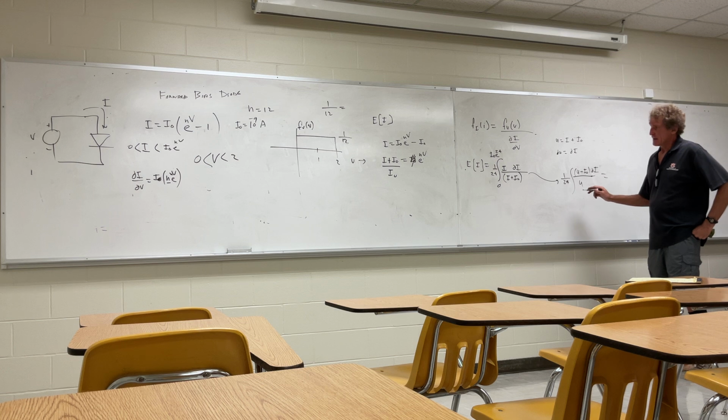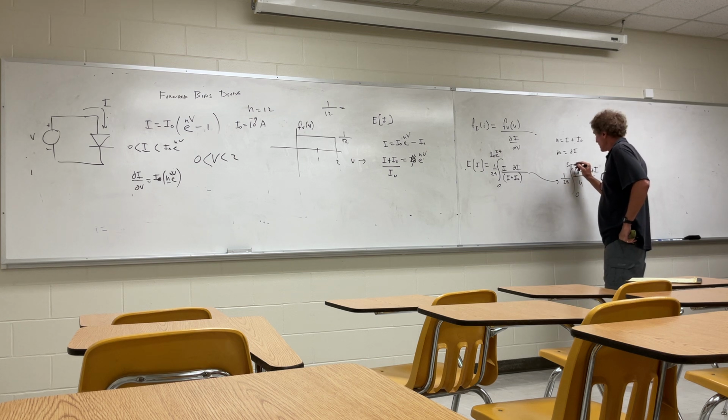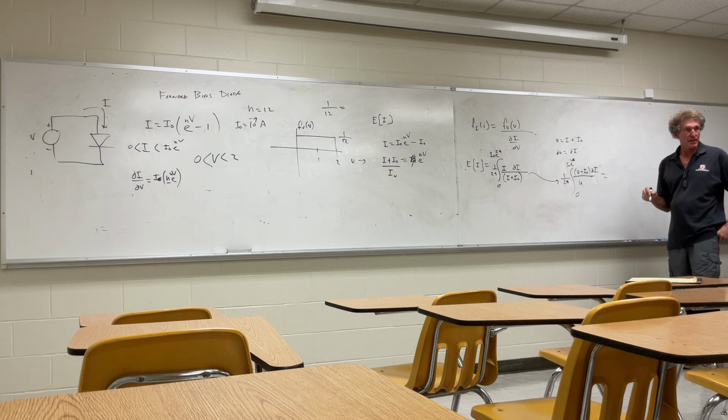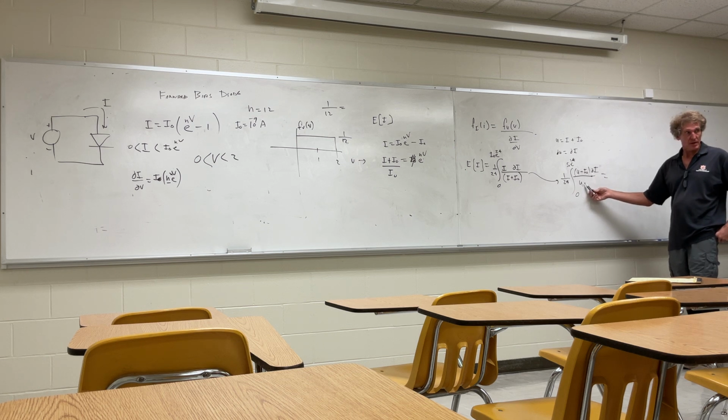Here I goes from 0 to I naught e to the 24th. Everybody agree with this? I'm not going to spend a whole lot of time on this. This u over u goes to 1. Then I have minus I naught over u here. You all with me on this one, class?